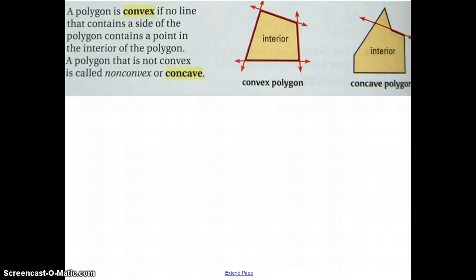This is a concave polygon because you can draw a segment connecting vertex to vertex, and that segment is on the outside of the shape. All right, if you can draw that segment from one vertex to another vertex, okay, anywhere on the shape, if you can draw that segment and it's outside of the polygon, it's concave. Okay, if you can't do that, then it's called convex.